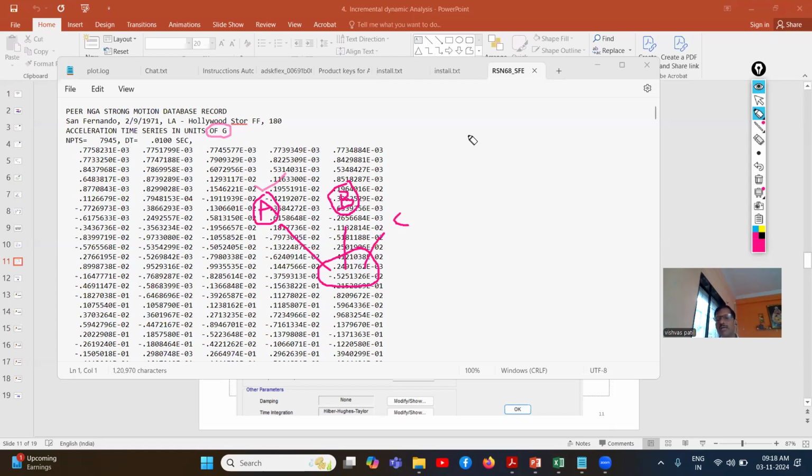The centimeter unit is required to be converted into meter, because our model unit is meter. So in that case, the scale factor A will be 0.01. That means each value we have to divide by 100. So A is the scale factor, just to convert into our model unit.